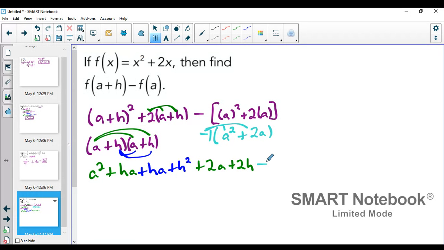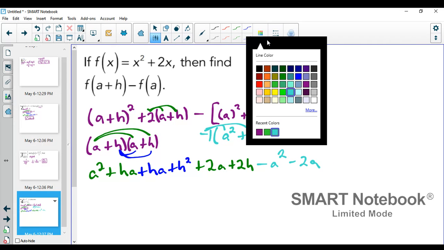So we have minus a squared minus 2a. So now we have all of our parts distributed, and now we have one line where we can just combine like terms.